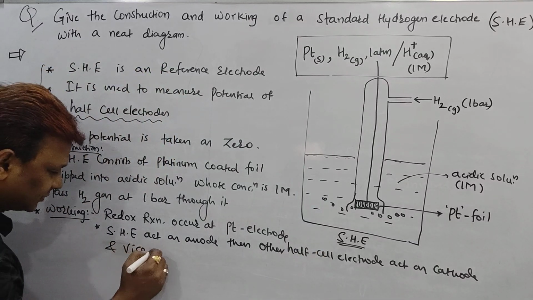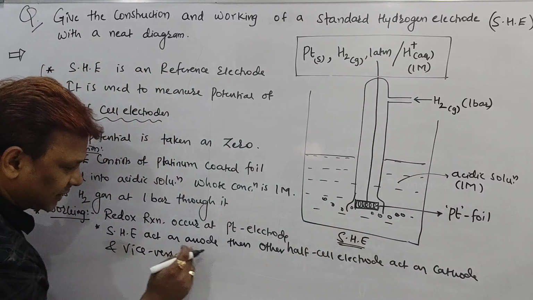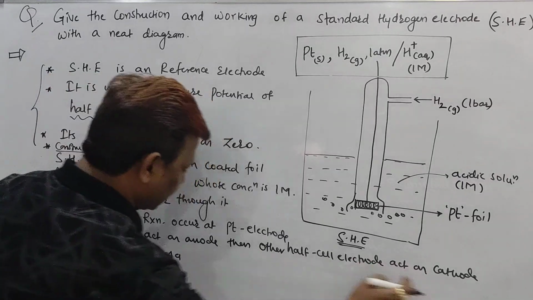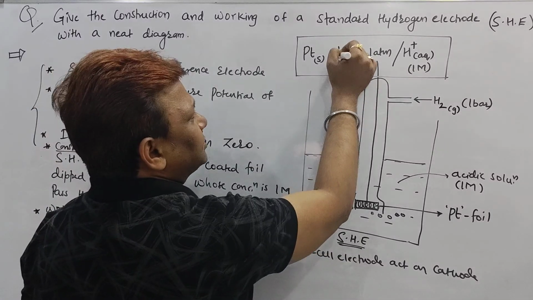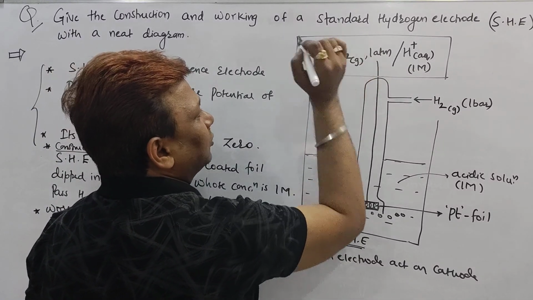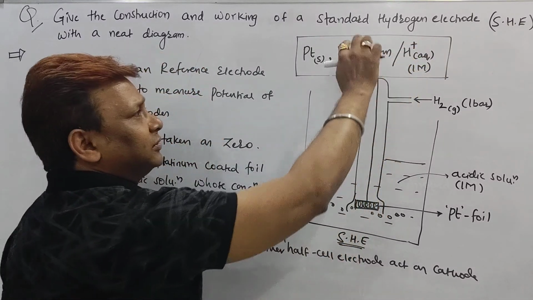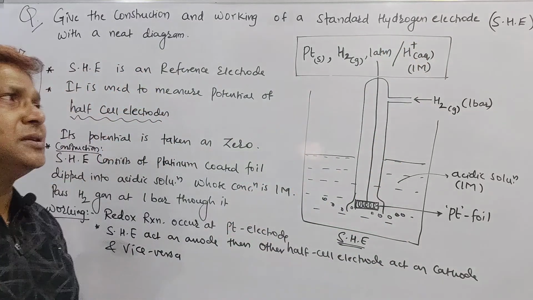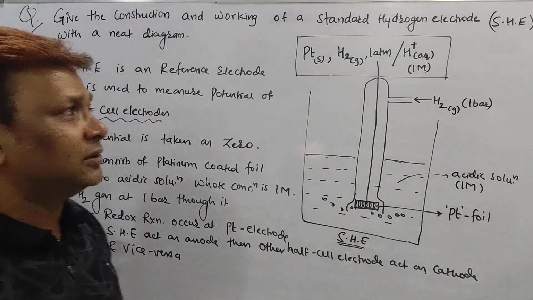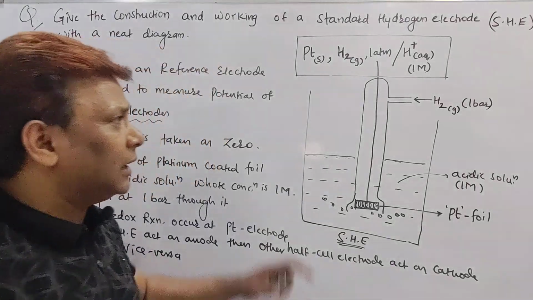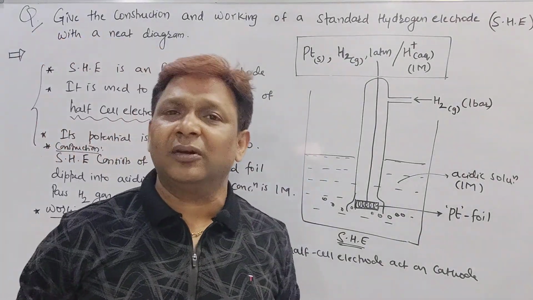Sorry, I should write here vice versa: SHE acts as an anode, the other half-cell electrode acts as a cathode, and vice versa. This is the half-cell reaction I wrote. You can see H2 whose oxidation number is 0 and H plus oxidation number is plus 1. 0 to plus 1 means it undergoes oxidation, and 0 to minus 1 it undergoes reduction. So if you write all these points, we are able to score 4 marks.